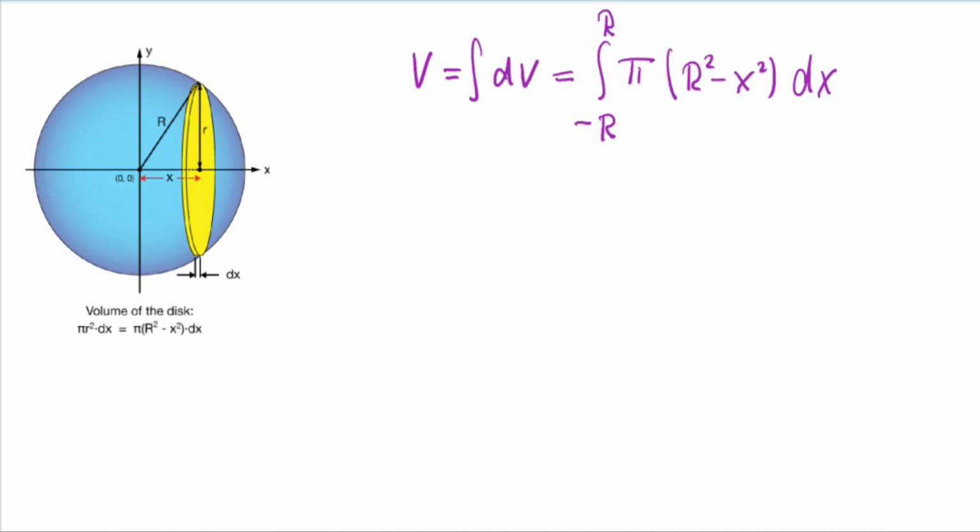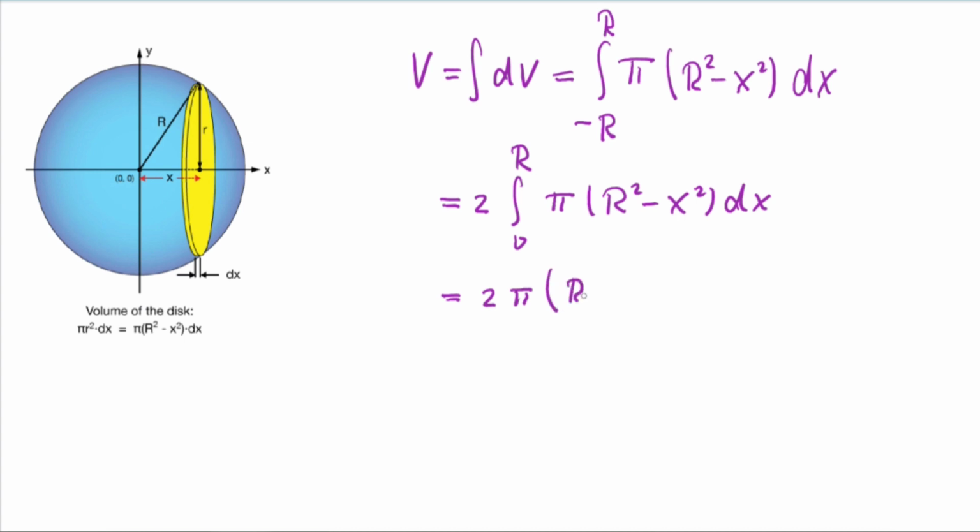The integrand in x squared is an even function. So we can simplify this integral by taking twice the integral from 0 to r of pi times r squared minus x squared dx. So then we get 2 pi, let's integrate this now, r squared x minus x cubed over 3, between 0 and r.